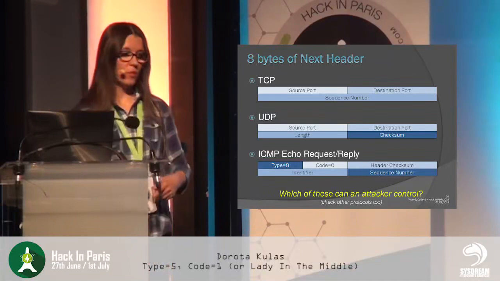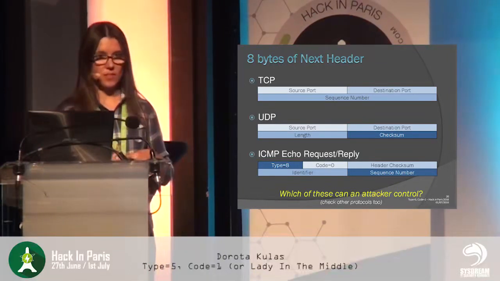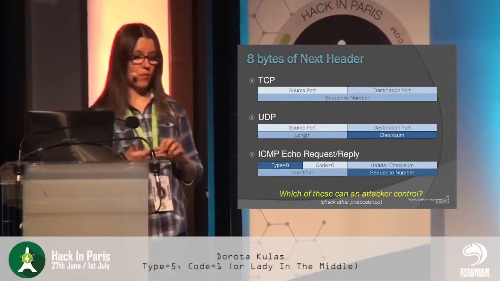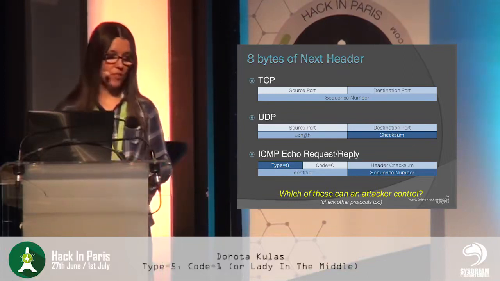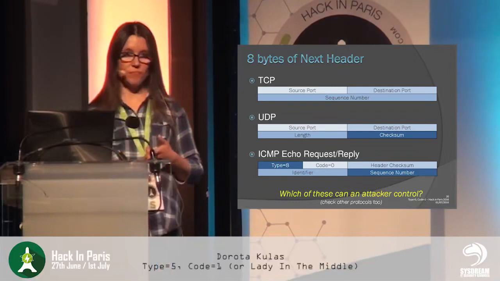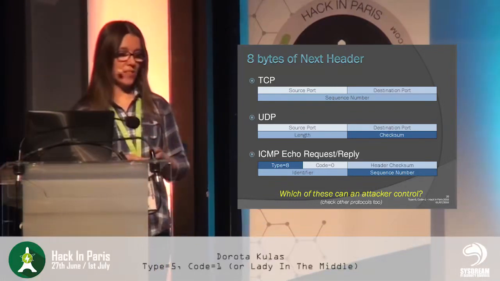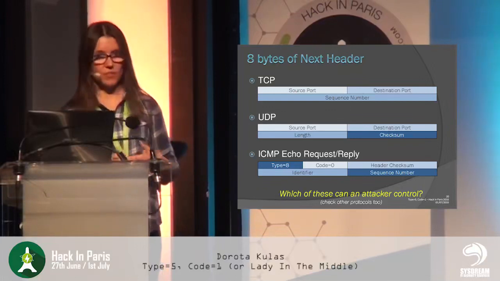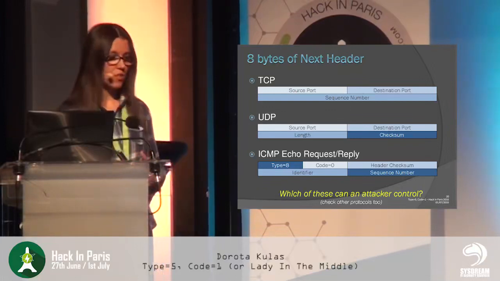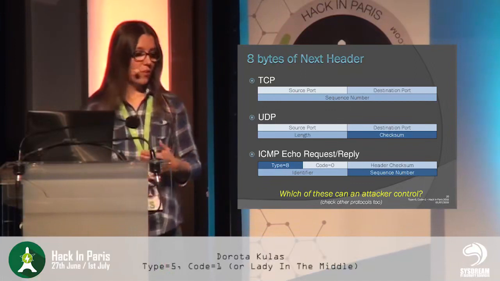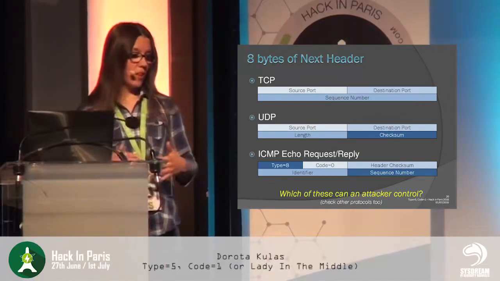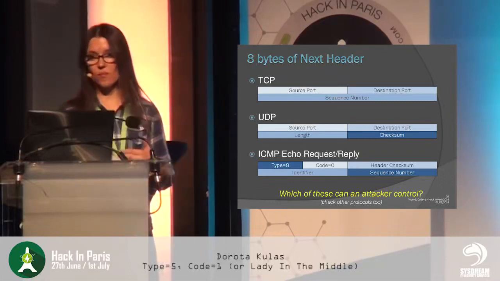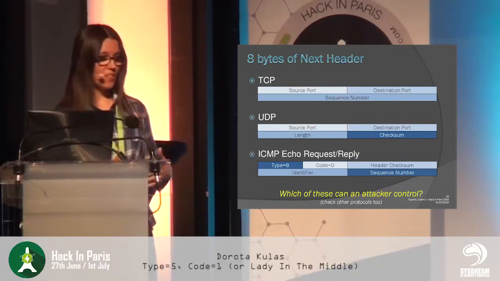For TCP, we would have to know source and destination port and sequence number. For UDP, source and destination port, length, and checksum. And for ICMP, I chose echo request and reply, which is a bit different than all other ICMP messages. We would have to know type, code, header checksum, identifier, and sequence number. So as you can see, everywhere there is some problem.